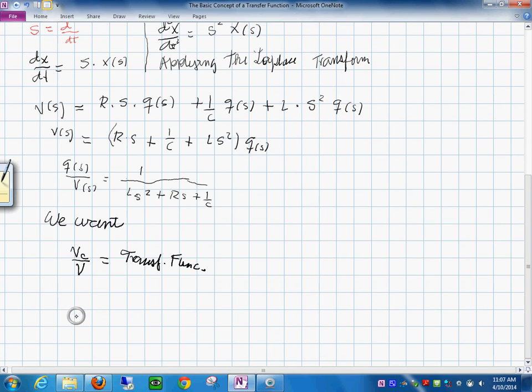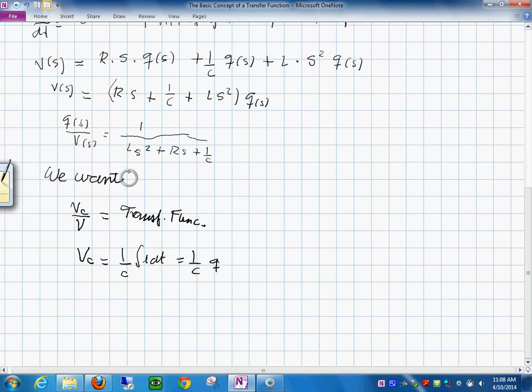You see, I know that voltage C is equal to 1 over C times the integral of I dt, or 1 over C times Q. So if I know Q, I should be able to know this.